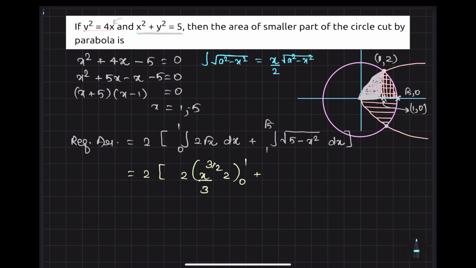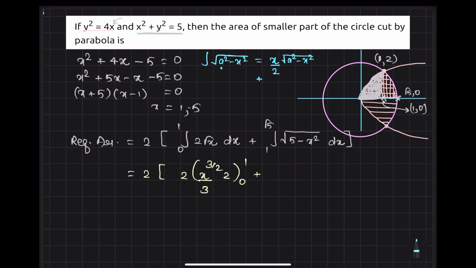Okay, and then it was a square by 2, if a is positive, then positive a square by 2, and if a is negative, then negative, but here it is positive, so we will go with positive.